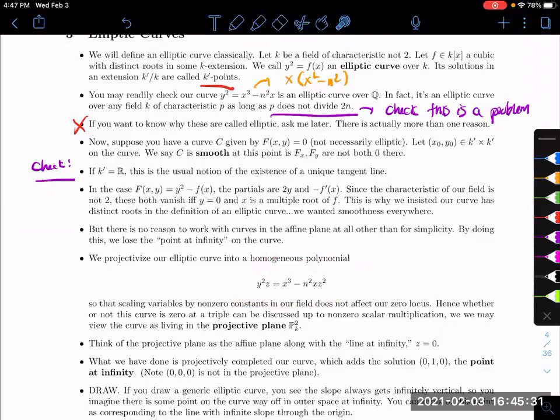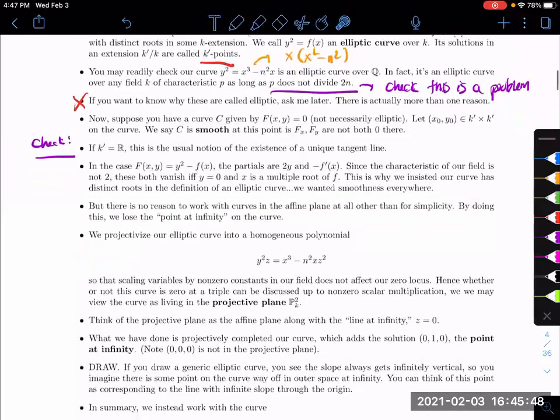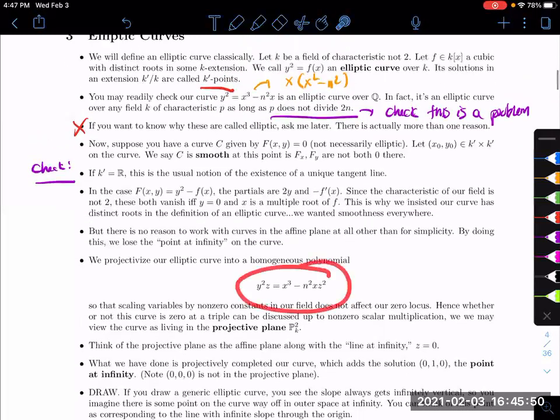That's one of the nice properties of homogeneous polynomials. So what does that mean? That means discussing whether or not this curve is 0 at a triple x, y, z can be discussed up to non-zero scalar multiplication, which is very nice. That's something you can't do in the affine case up here, okay? And you don't lose any solutions by projectivizing, but you do gain one.